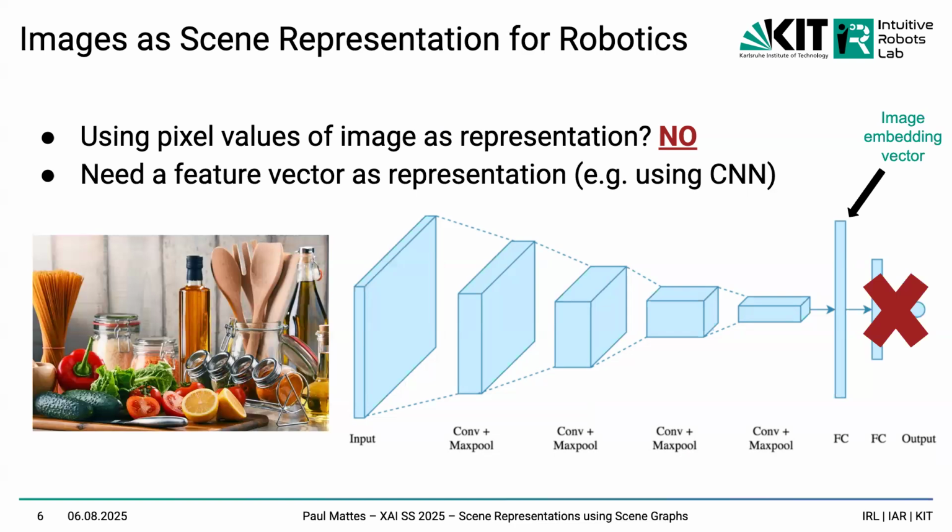I will use this representation, which is maybe a 1000-sized vector, and I can input this. Here I can be sure, if the CNN is well trained, that there are features in there which are relevant, right? If it's a tomato-related task, the model focused on red shapes which actually look like a tomato.